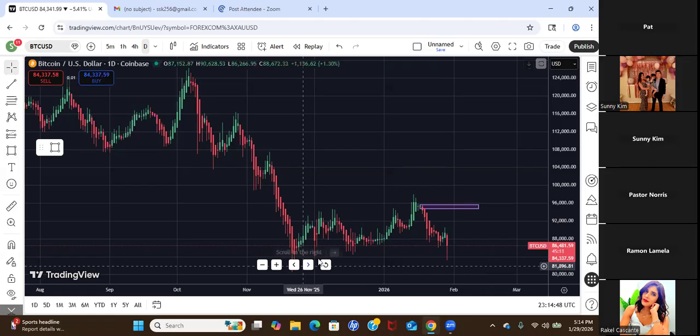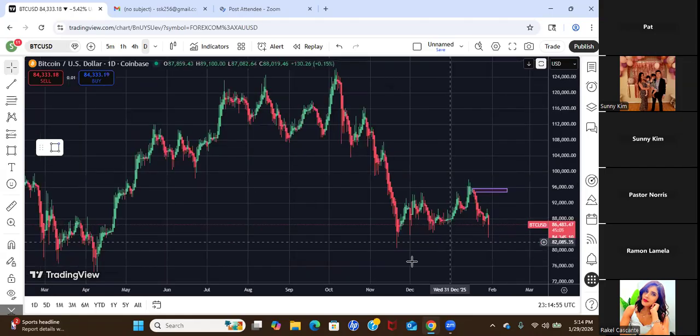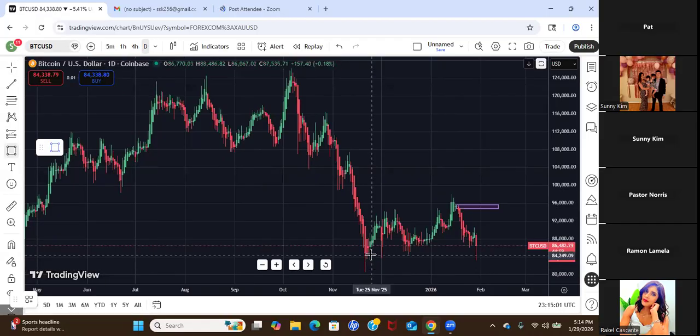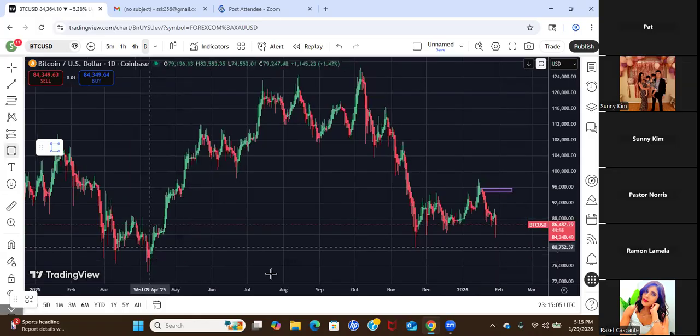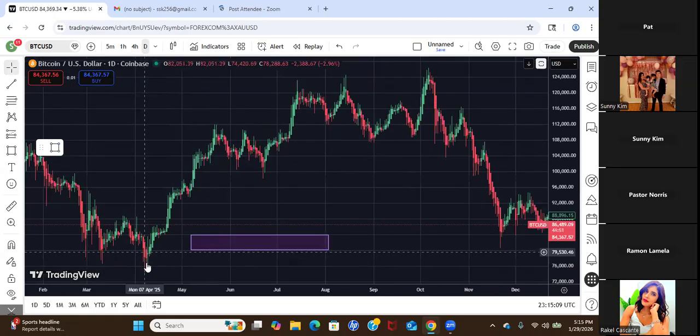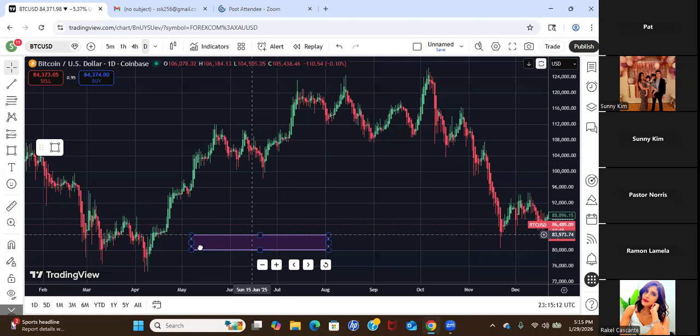Now the last red candle before your green volume candle, that is your buy zone. And then you just mark that off as well. The last red before your green.